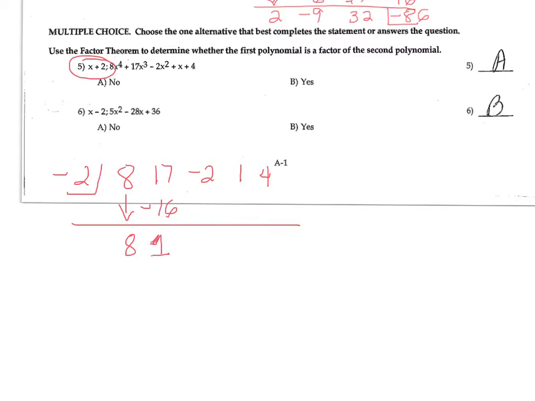Positive 1 times -2 is -2. Combine is -4. Times -2 is positive 8. Plus 1 is 9. 9 times -2 is -18. And when you combine, that is -14. So since you have a remainder, it's not a factor. Then the second one happens to have a remainder of 0. So it is, okay?